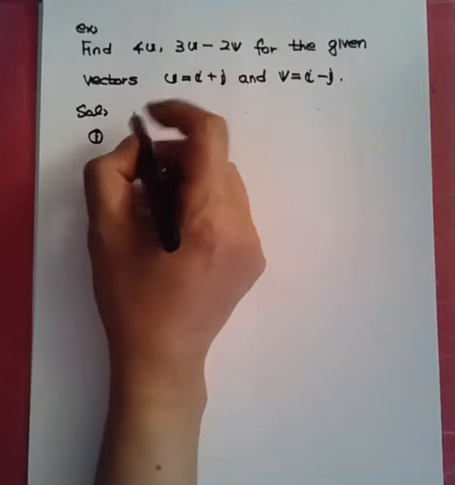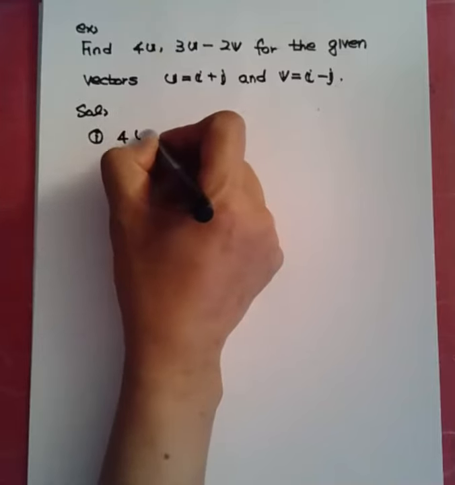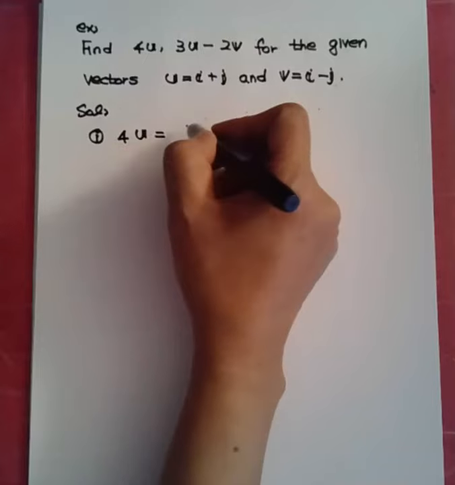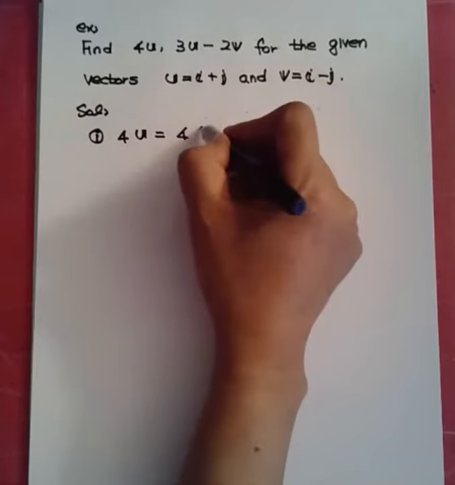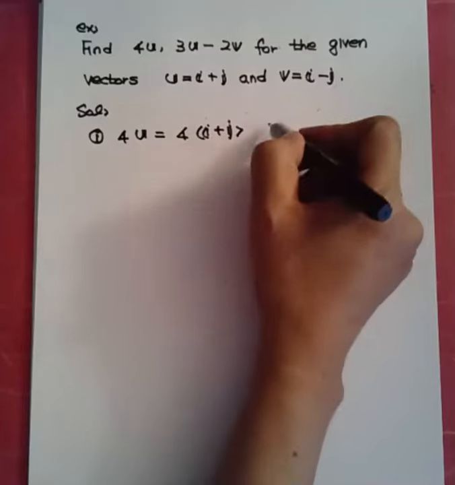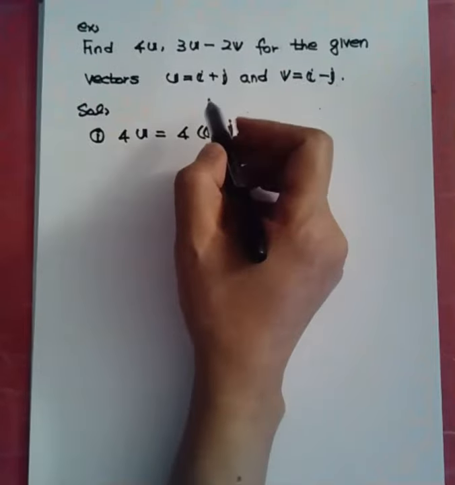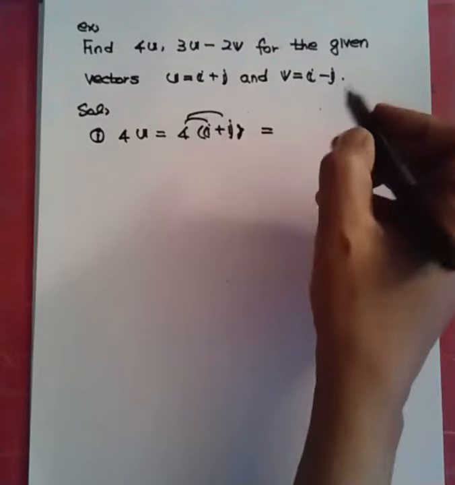It is nothing but just an algebraic operation. 4 times u was given as i plus j. Then we do distribution.